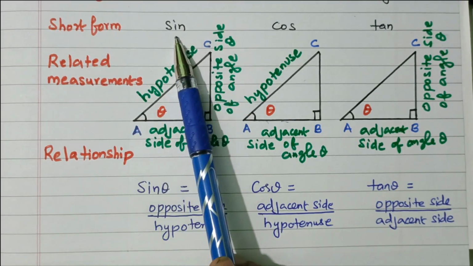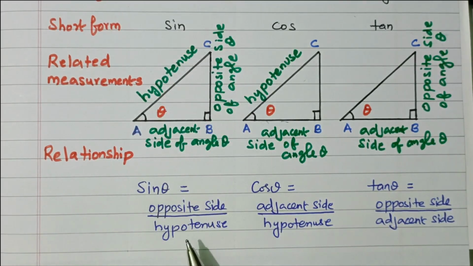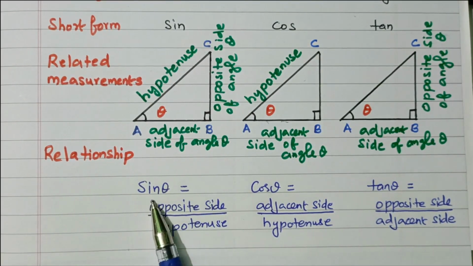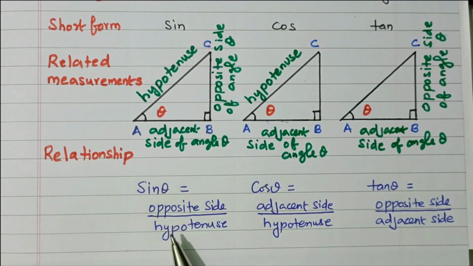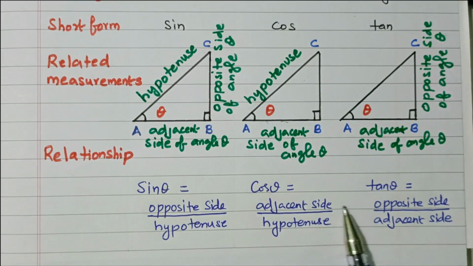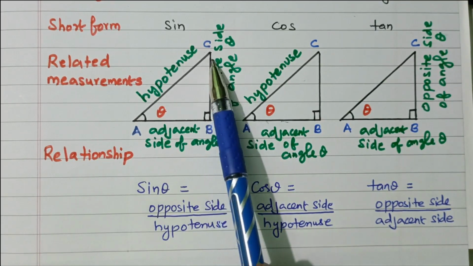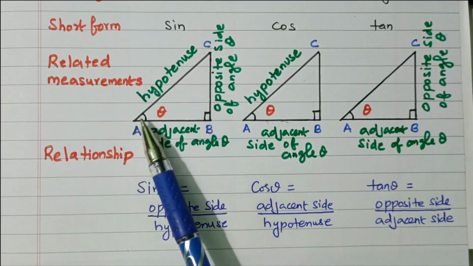In the case of sin theta, sin theta means opposite side by hypotenuse. This is the formula. From the observation we found that from the ratio we can find the side, and similarly from the side we can find the angle. Based on that, the ratios are framed. The first ratio is sin theta: opposite side by hypotenuse, BC divided by AC.